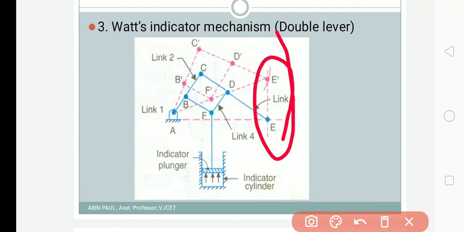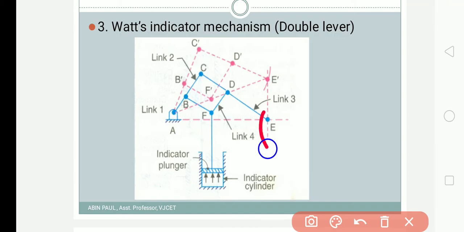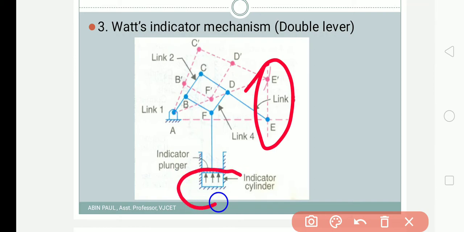So depending upon the position of the endpoint E, we can calibrate the value of the pressure or the level of fluid, whatever it may be. So the link DE will move over the path E dash, and that is an indication of the pressure acting on the plunger. So that is Watt's indicator mechanism.